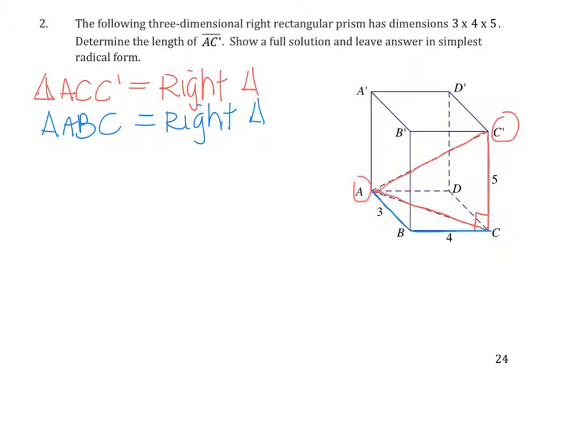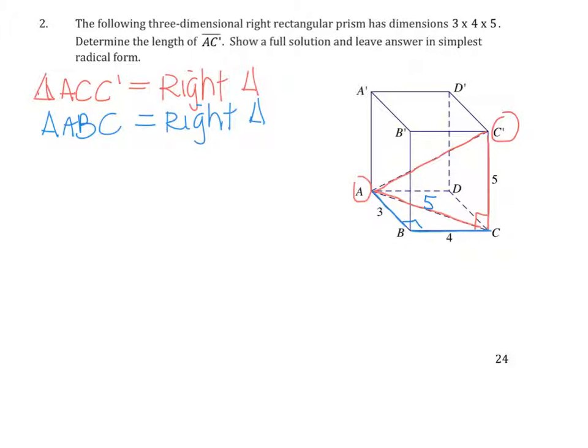As a result, we're going to use the Pythagorean theorem to be able to find out some information. In order for me to find the length of AC prime, I'm going to have to find the length of AC. So I already know that in ABC, here's my right angle right here, the lengths of the legs are 3 and 4, and that's a Pythagorean triple, so that means AC has got to have a hypotenuse length of 5.